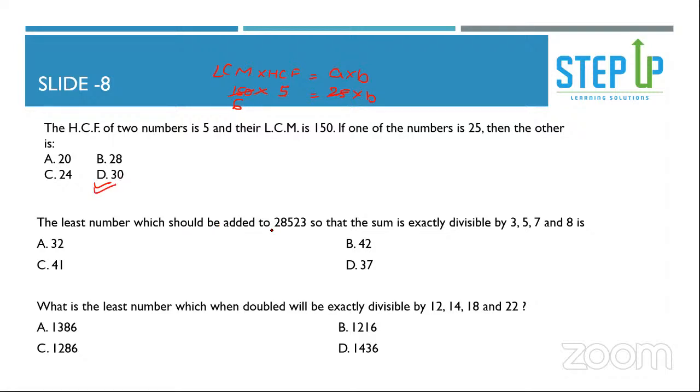Okay, the least number which should be added to this so that the sum is exactly divisible by 3, 5, 7, and 8. First of all, I cannot add 41 because if I add 41, I'll get unit digit as 4, and it will not be divisible by 5. So this option gets eliminated. But when I look at other options, 3 plus 2 will give me 5 at unit place. This 3 plus 7 will also give me 0 at unit place.